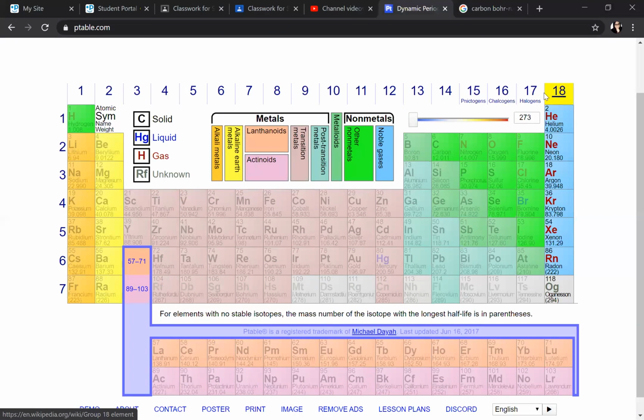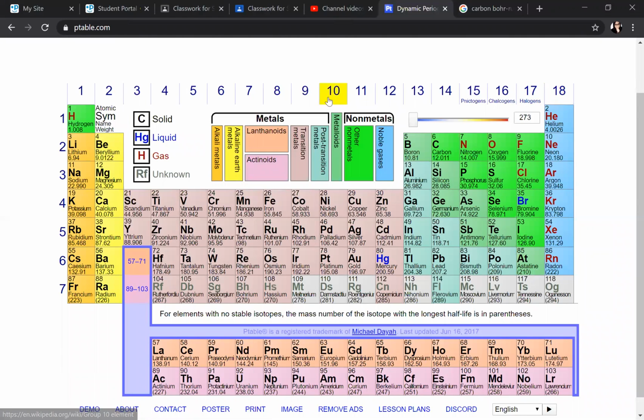That second number on the end of the double digits, except we're going to skip over the transition metals at the center, is going to tell us how many valence electrons are available for bonding.